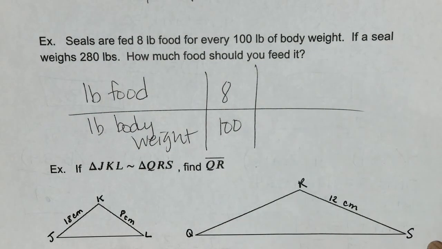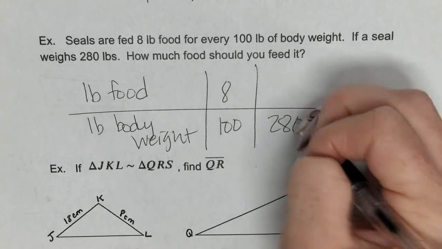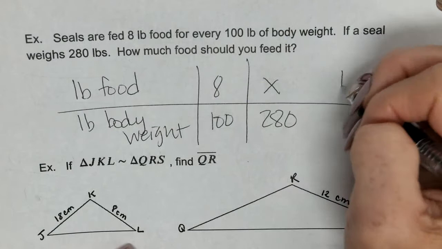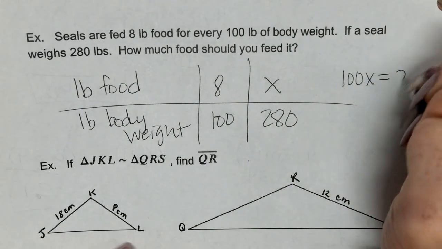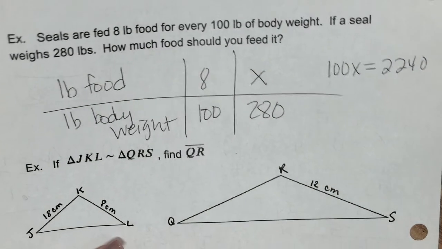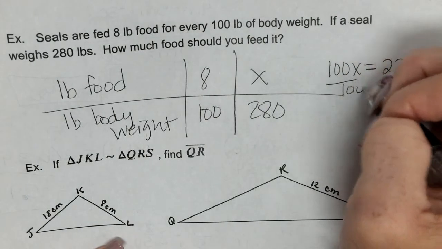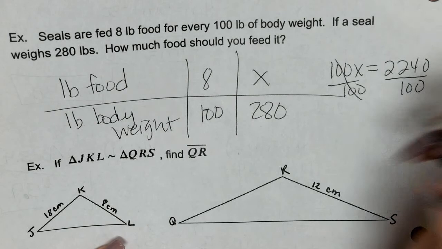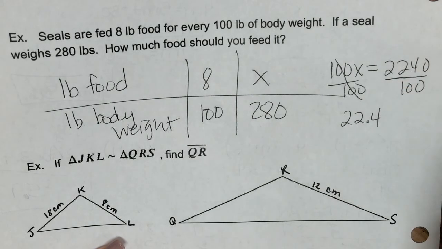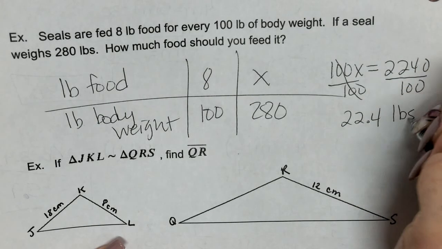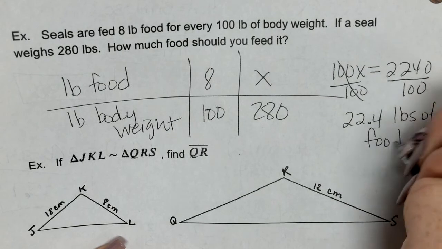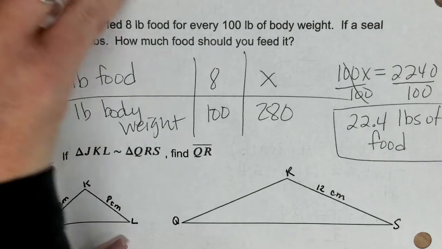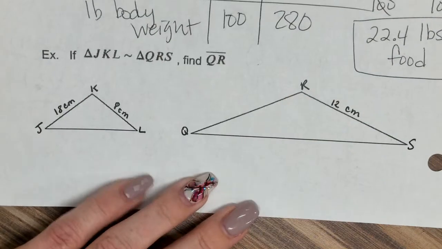And how much does the seal weigh? So that goes for body weight, and your x goes for food. So 100x equals 2,240. Divide by 100, and you get 22.4 pounds of food. Y'all should be getting really good at these. Easiest problems ever.